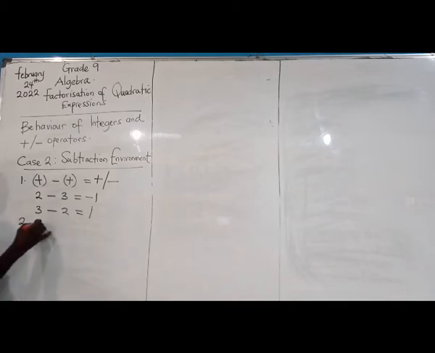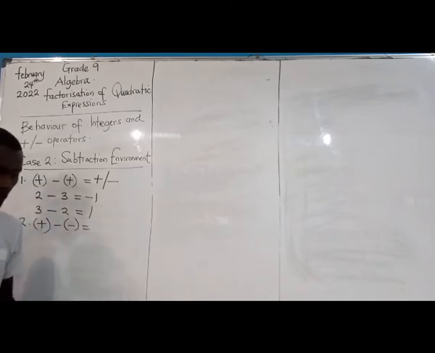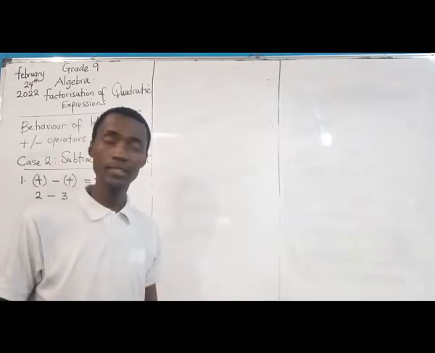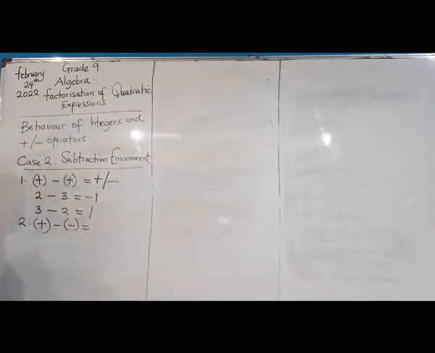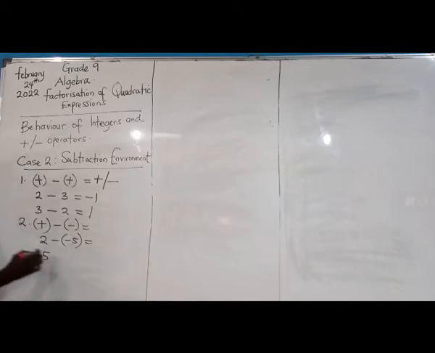Now let's go to number 2. In number 2 you have positive minus negative. So how does that work? Let's take 2 minus, let's say, negative 5. What would the answer look like? And then let's take 5, we said we'll flip it, minus negative 2.